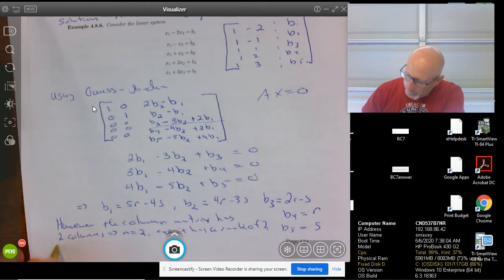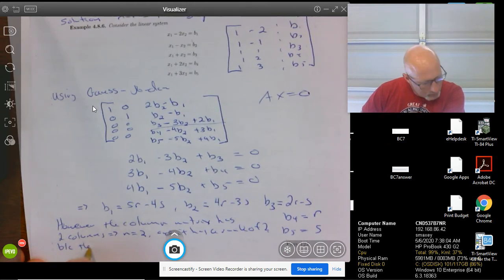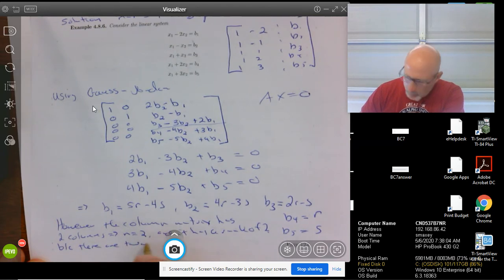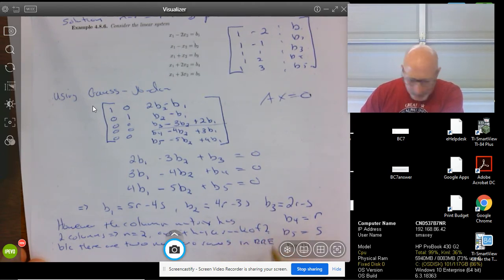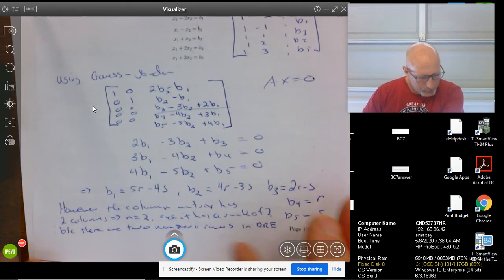But because there are two non-zero rows in reduced row echelon form, it is reduced row echelon.